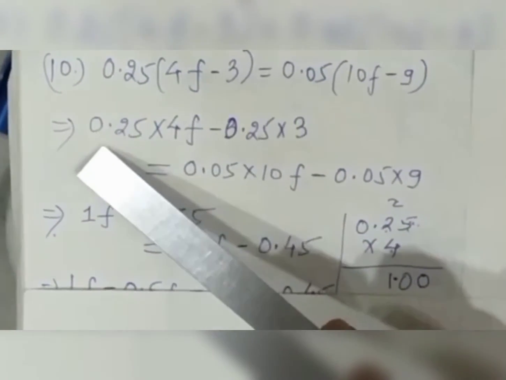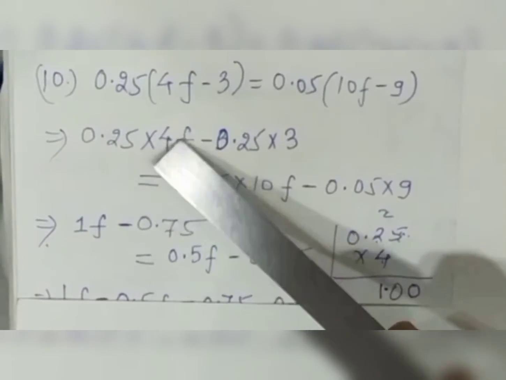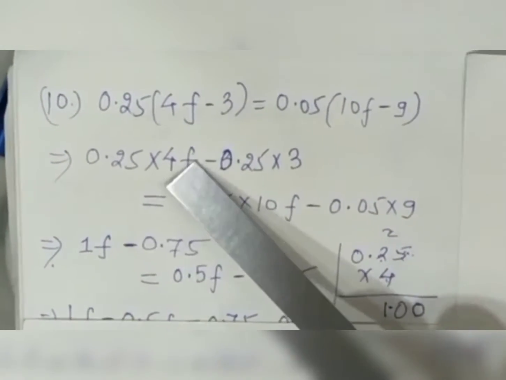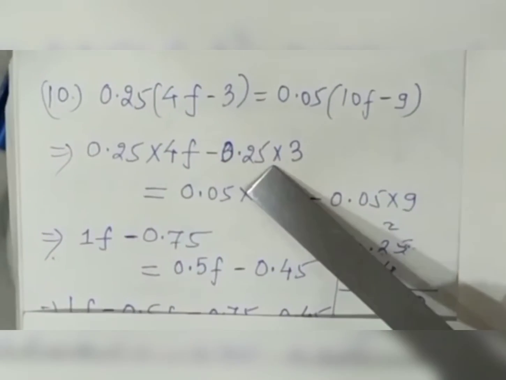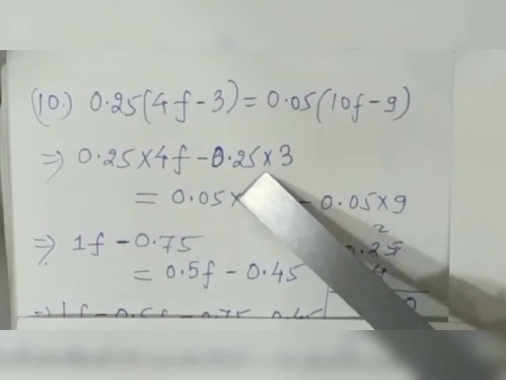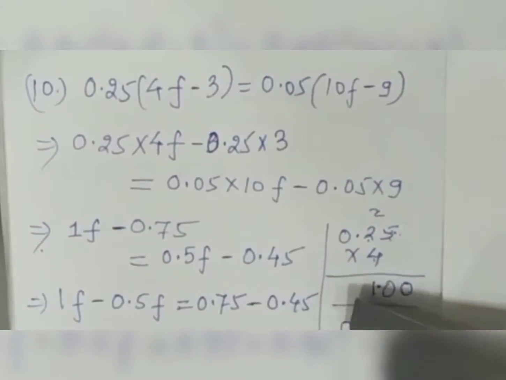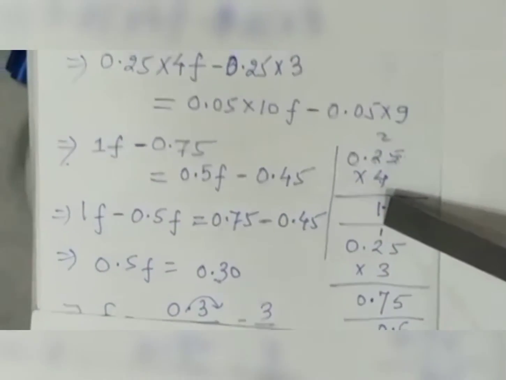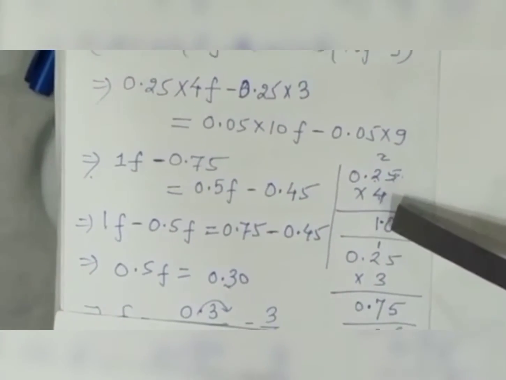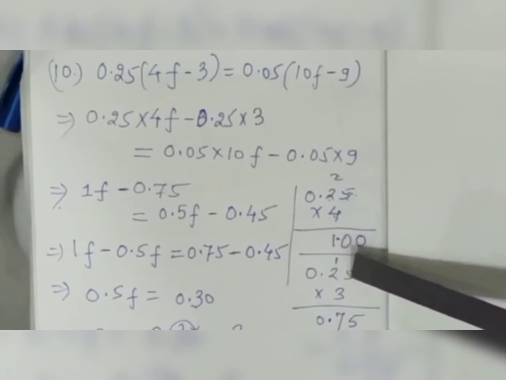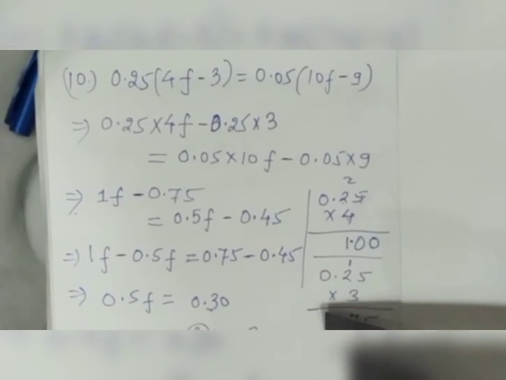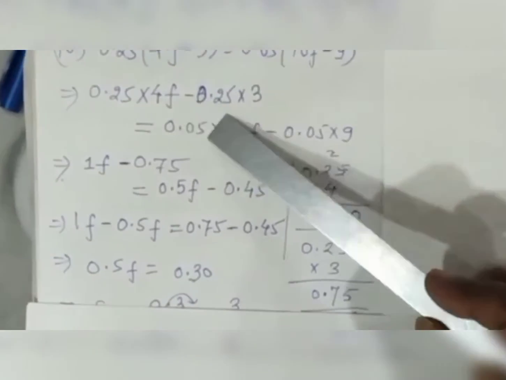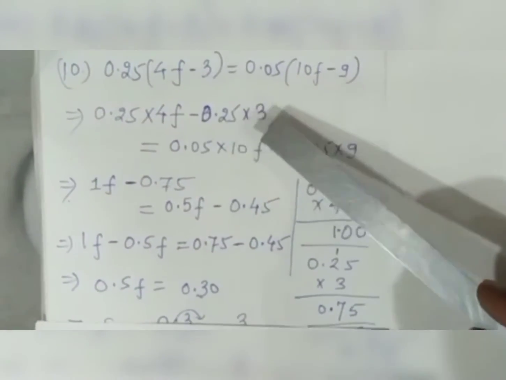In place of 0.25 into 4 we write 1 and copy that f. A similar process applies for 0.25 into 3. 3 fives are 15, 1 is carry, 3 twos are 6, 1 is 7. Again after 2 places we put the decimal, it becomes 0.75. So in place of 0.25 into 3, we have 0.75.